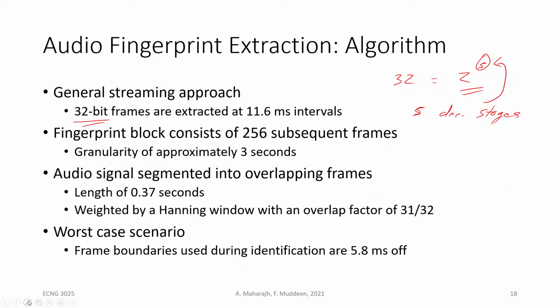Same thing with the fingerprint block itself, which is up to 256 sub-frames. The reason we use 256 is that it's also a power of 2, which makes our calculations for matching a lot easier when we start doing those decimation stages in particular.